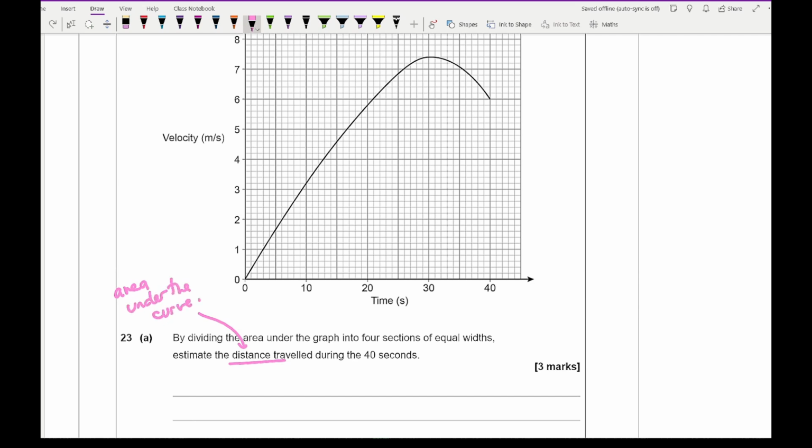So this question is asking me to split this graph up into 4 sections of equal widths, and what I need to do from here is work out the area by turning them into polygons.